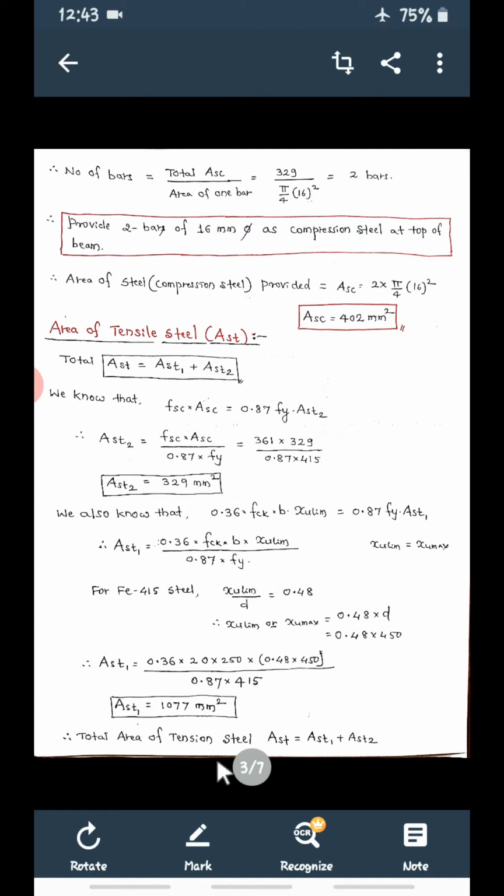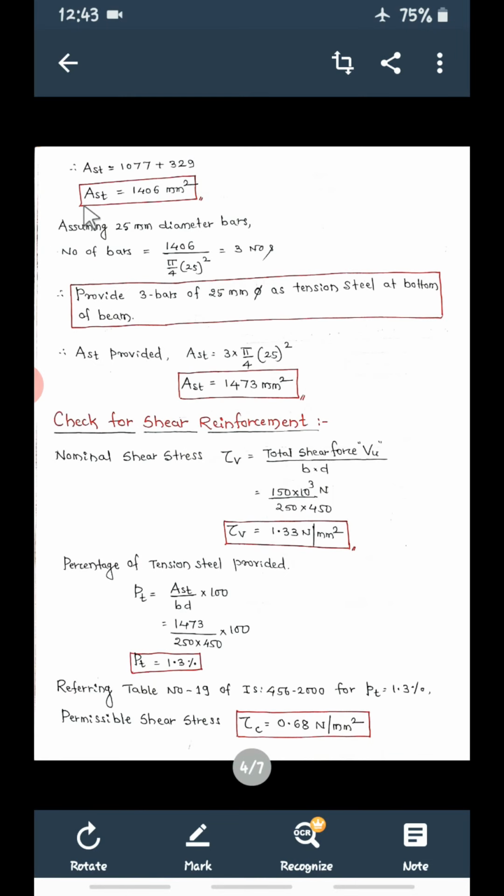So the total area of tension steel, total AST, is equal to AST1 plus AST2. When you add these two, AST1 and AST2, we get the total AST as 1406 mm square. Okay, so this is the total tensile steel at the bottom. Again, we require the number of bars. Assuming a little higher than the top diameter bars, we are assuming 25 mm diameter.